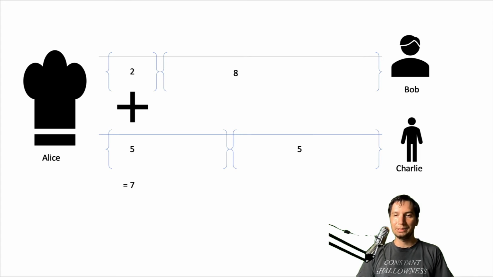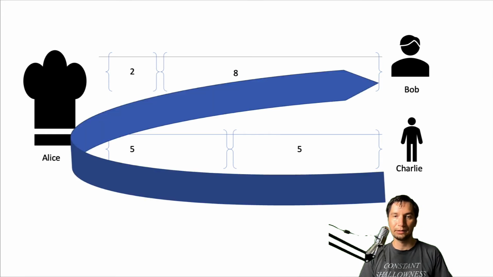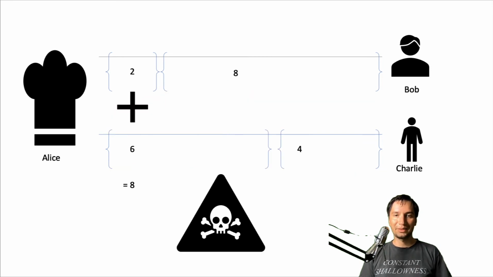But let's think about the original question, which is how to make sure that Charlie can send money to Bob and use Alice just as a counterparty. So we want to do something like this. The easiest and naive solution would be that Charlie just sends 1 Bitcoin to Alice and tells her to please, pretty please, send 1 Bitcoin to Bob.